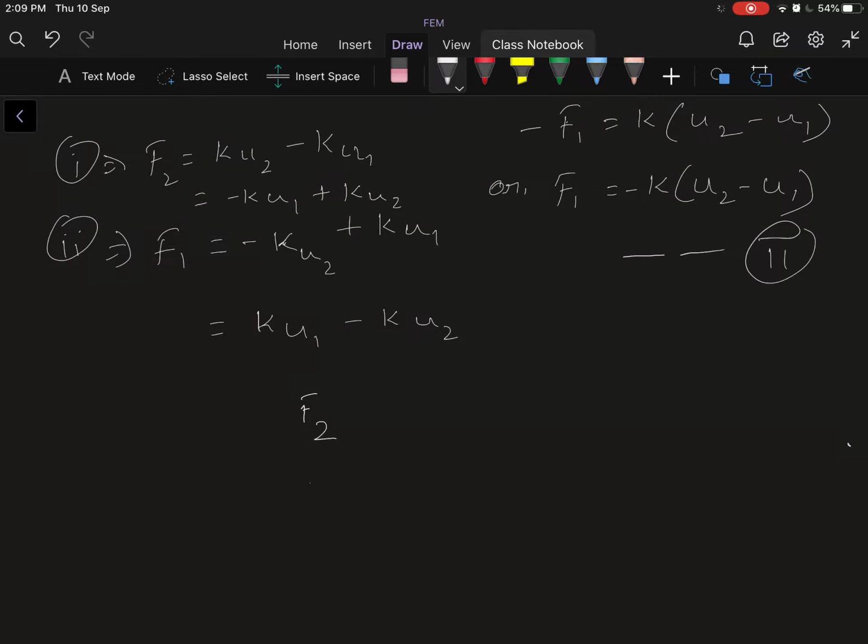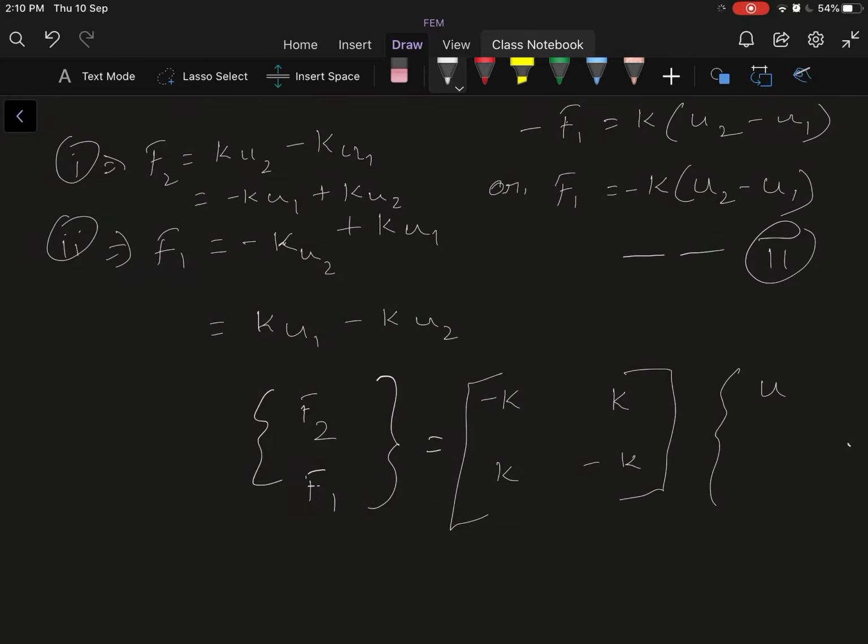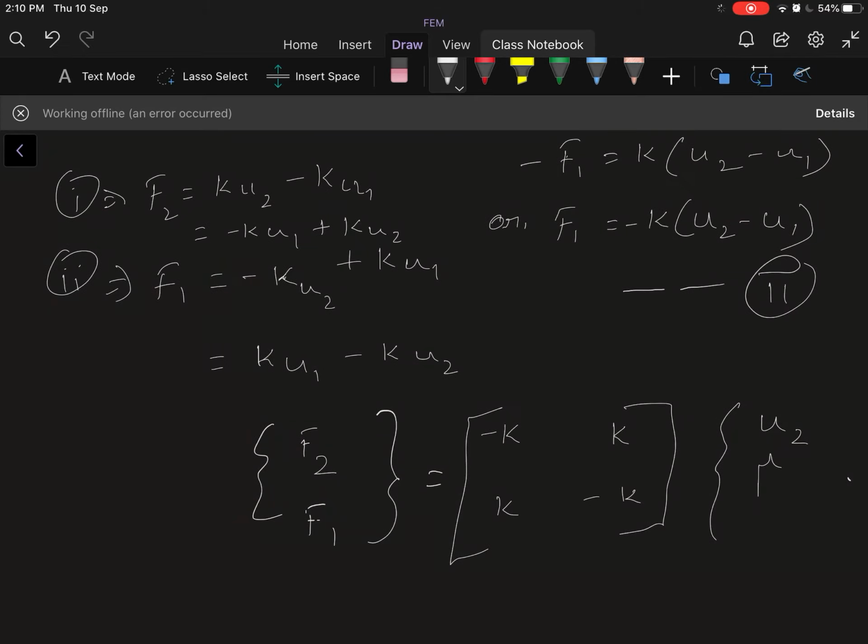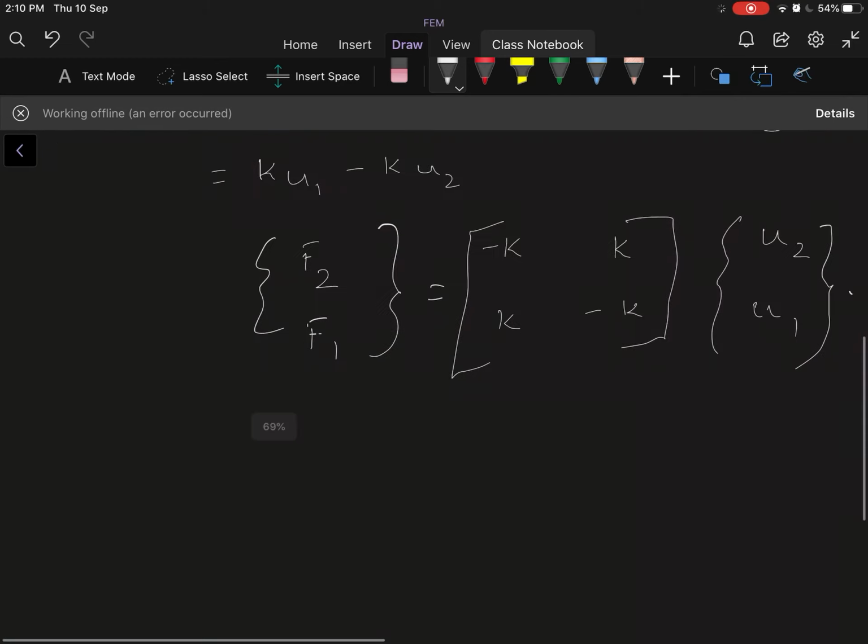There is F2, F1 equal to minus K plus K, plus K minus K, times u2, u1. But since it looks very odd, let's rewrite it in a more presentable form.